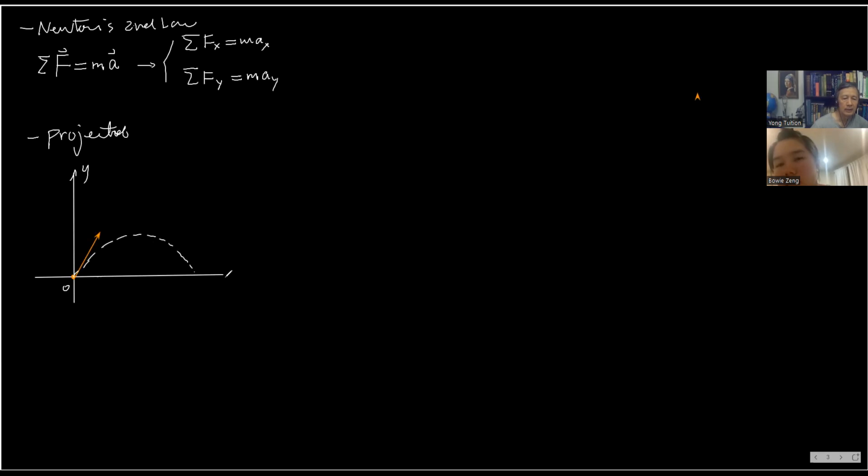Okay, so this is the y-axis. If you apply Newton's law here, because in this case the force is always downward, the gravity is downward, therefore there's no acceleration in x. Okay, I jump to the formula.